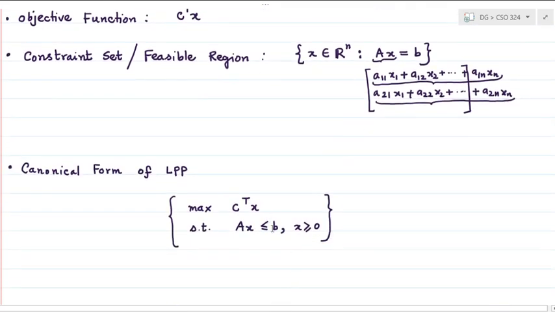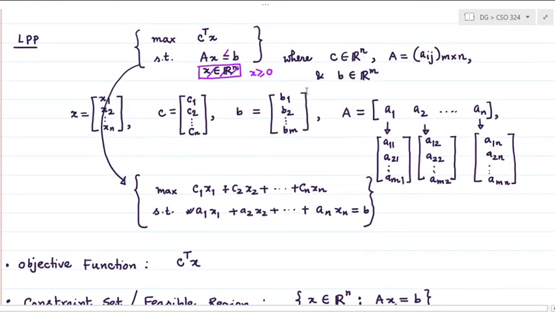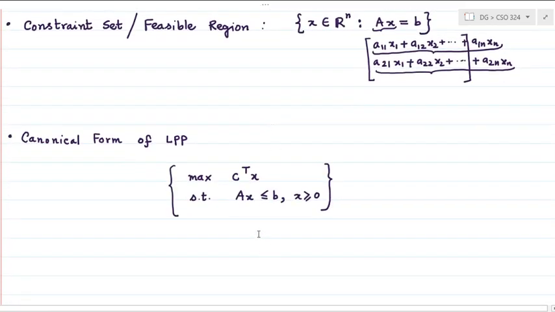Similarly, this B is an m-dimensional column vector, and capital A is an m by n matrix, where a1, a2, ..., an are the column vectors of the matrix A, and x is an n-dimensional vector. So x will have n many components.